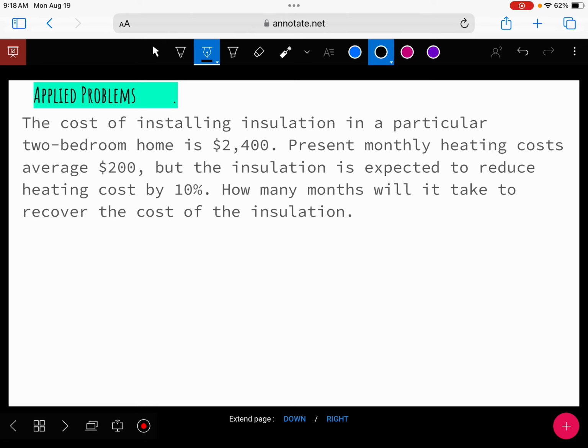We want to know how many months it will take to recover the cost of the insulation. How are we going to set this up?